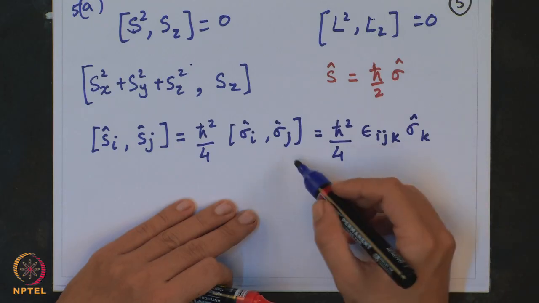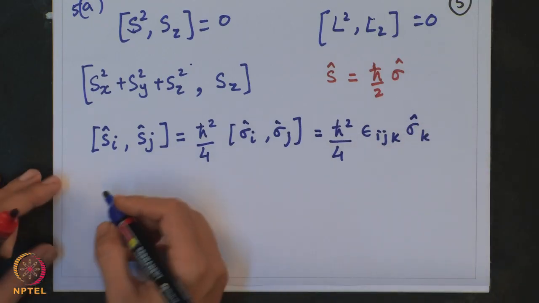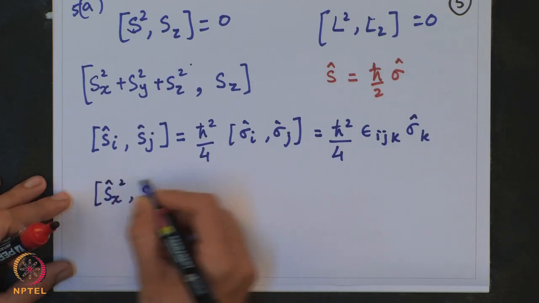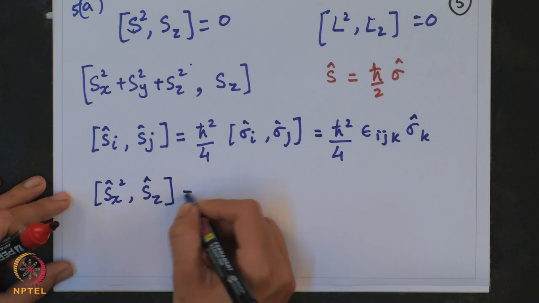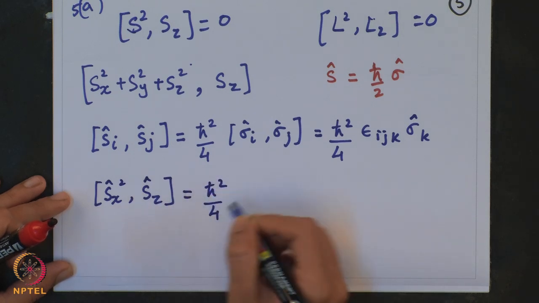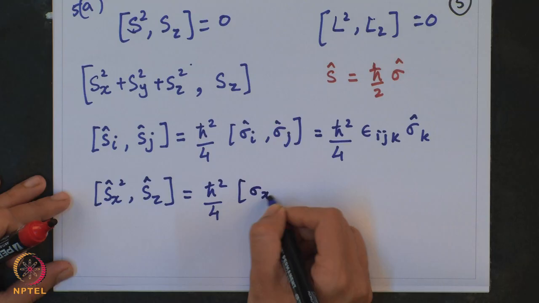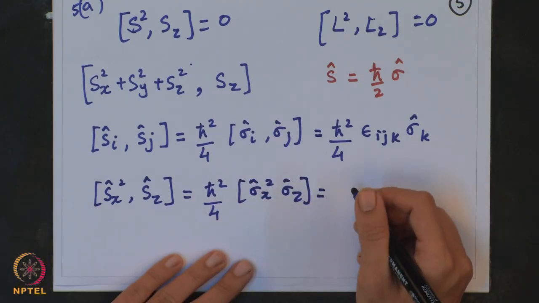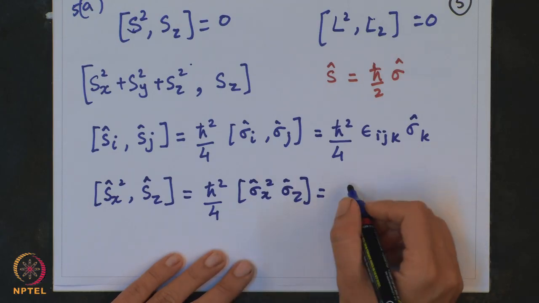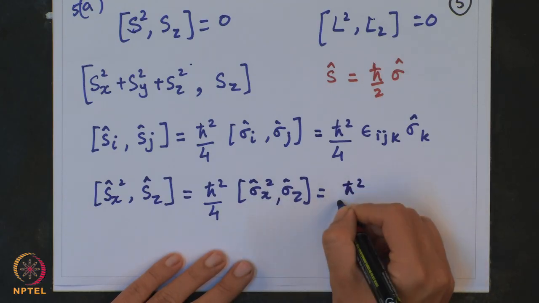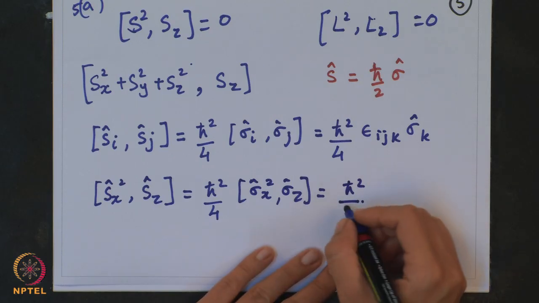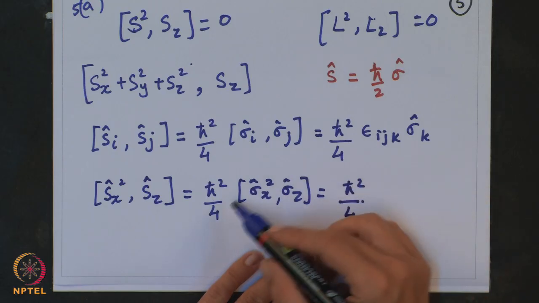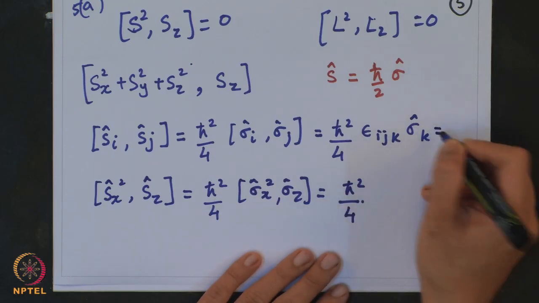So, with the help of this, you can actually calculate what is the commutator of S square with Sz, right. The commutator of Sx square with Sz will give me sigma y terms, and the same relation you can rewrite again.